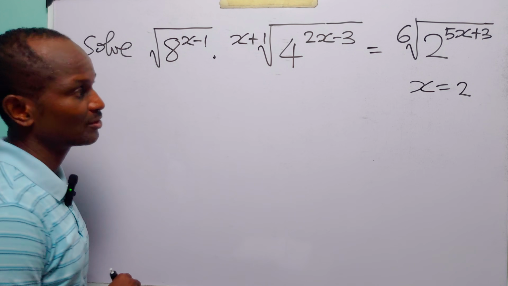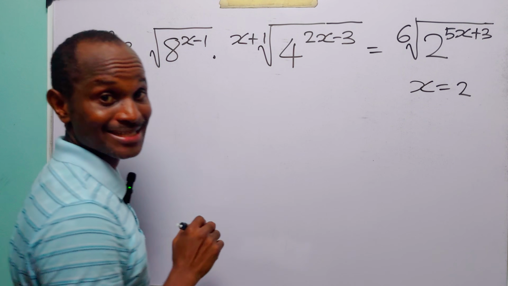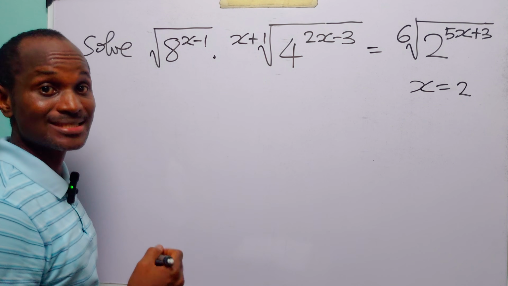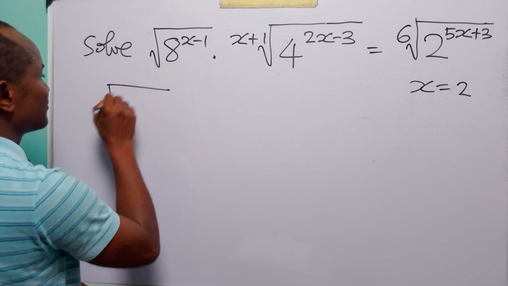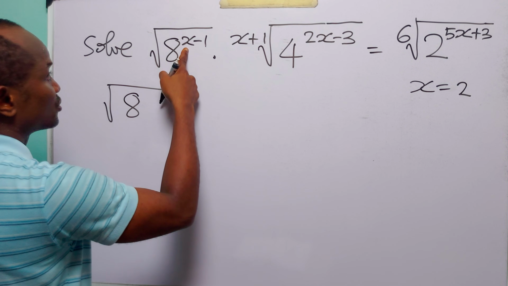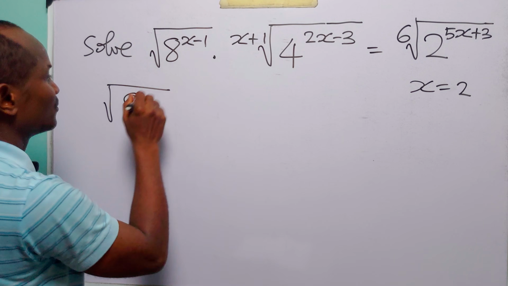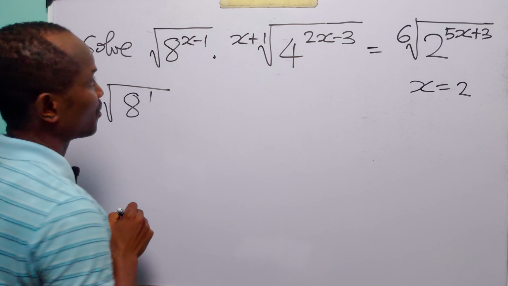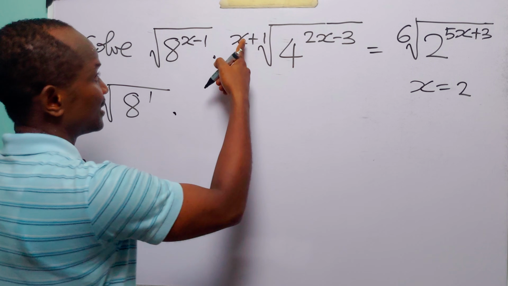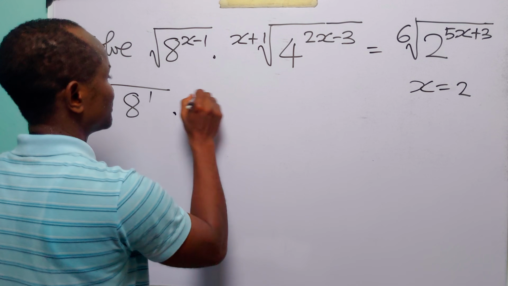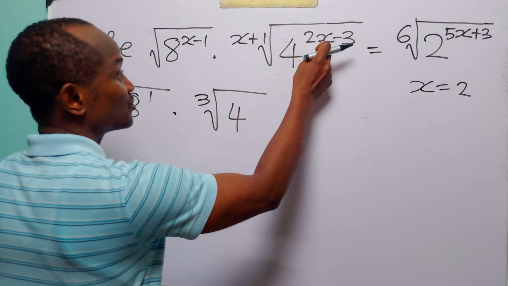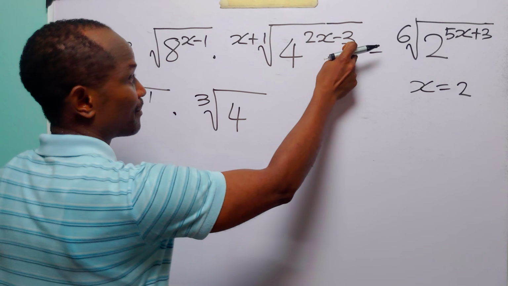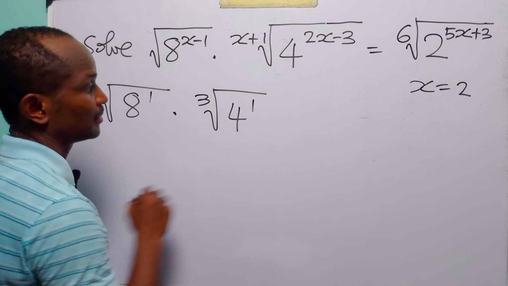Now to check our answer, let us substitute 2 for x into the original equation and see what happens. Here we have the square root of 8 to the power 2 minus 1, which of course is equal to 1, times, this is 2 plus 1, so we have the cube root of 4 to the power 2 times 2 is 4, minus 3, 1.